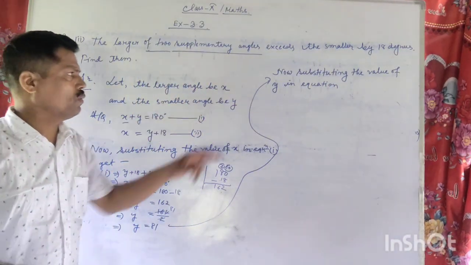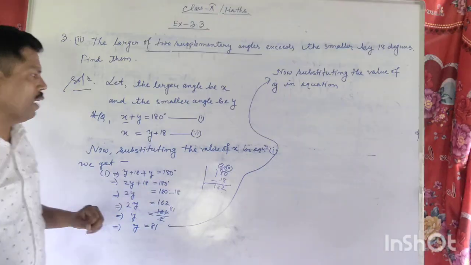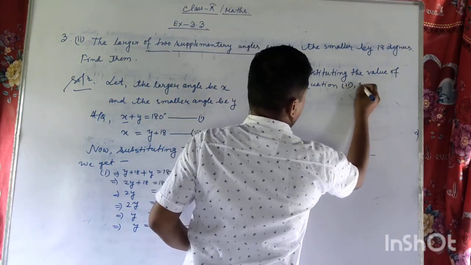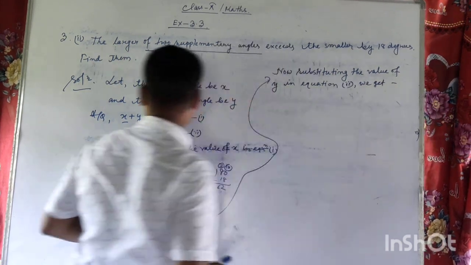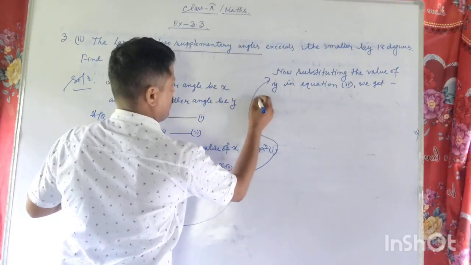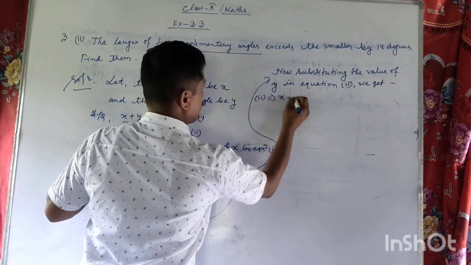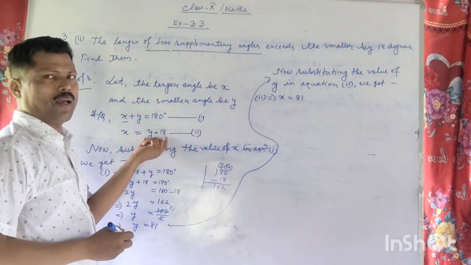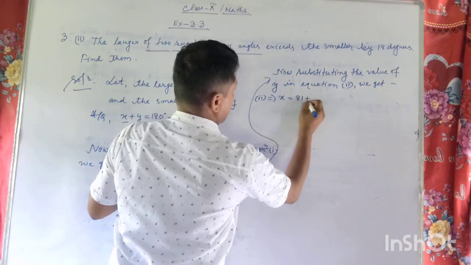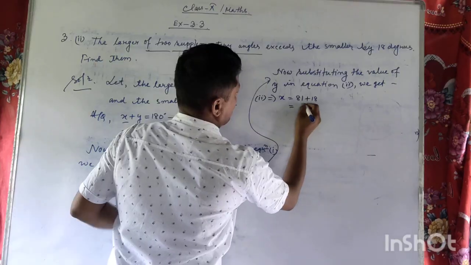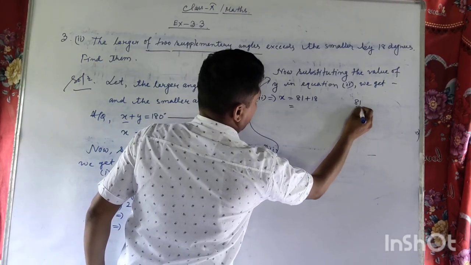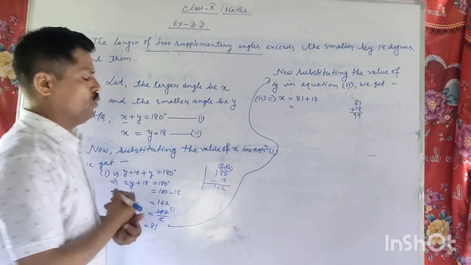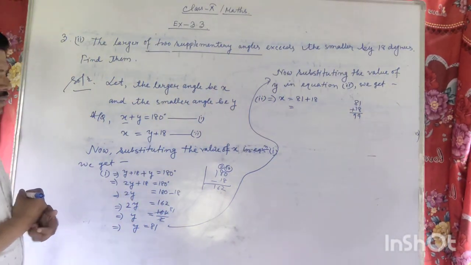Now putting the value of y in equation 2, we get, here from 2, x is equal to y value is 81 plus 18 is there, plus 18 is equal to, there will be 81 and 18, plus is there 9, there will be 9. So 99.